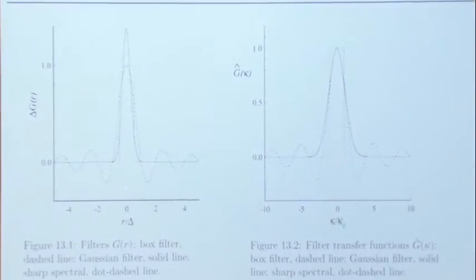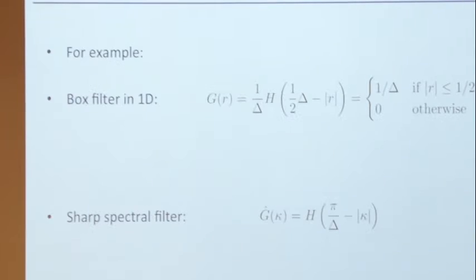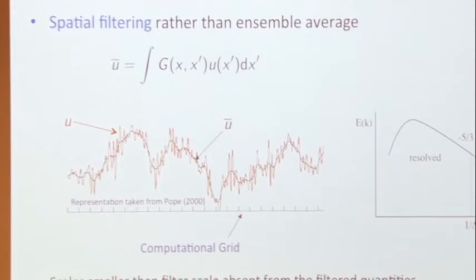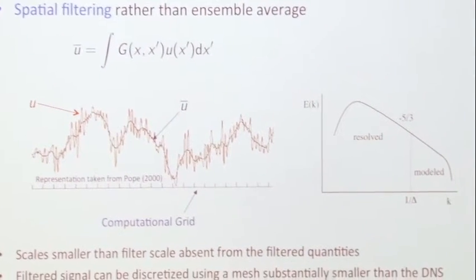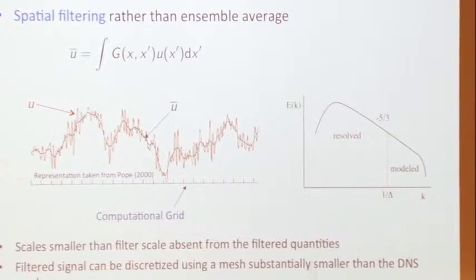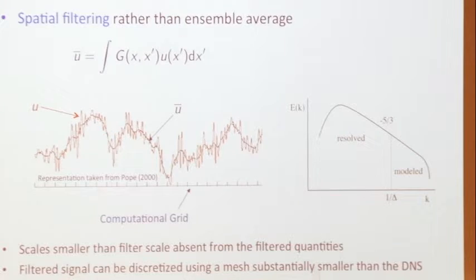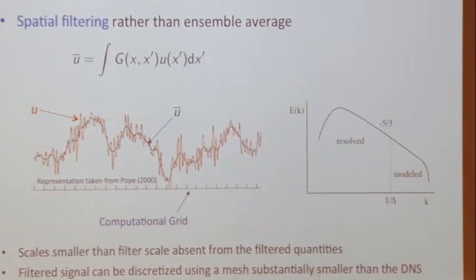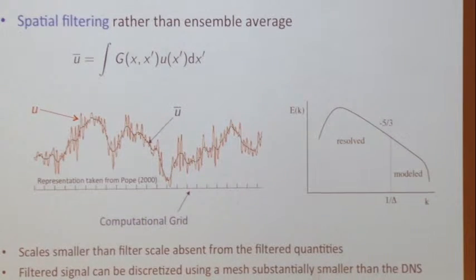So here you see the filter has this length scale delta, and that is prescribed anyways. And with delta, I filter all this out. And so we know what the relevant length scale is for the subfilter contribution to the turbulence, because it's exactly the filter size, okay?